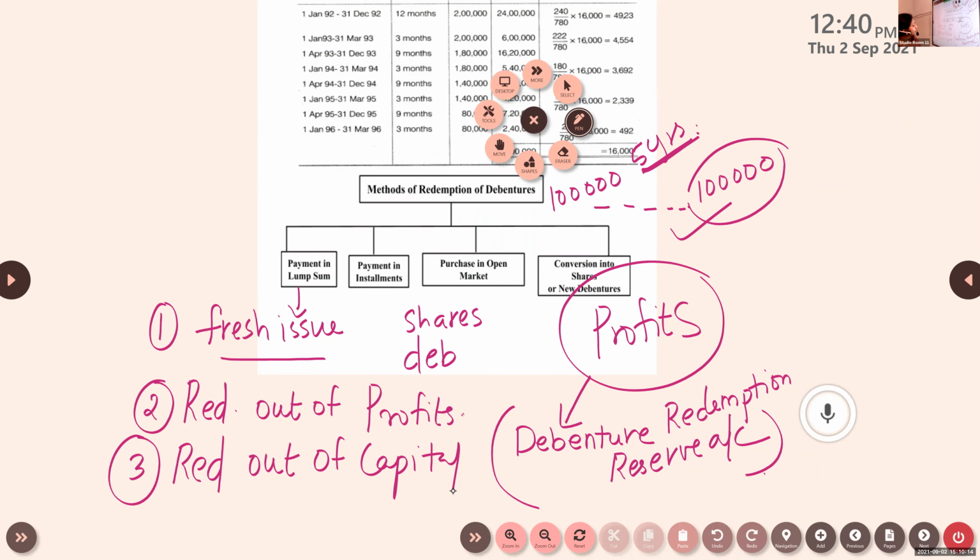Redemption out of capital. Usually, the companies don't go for this. Only when there is no sufficient money in the debenture redemption reserve account, then only they will go for this option, redemption out of capital.